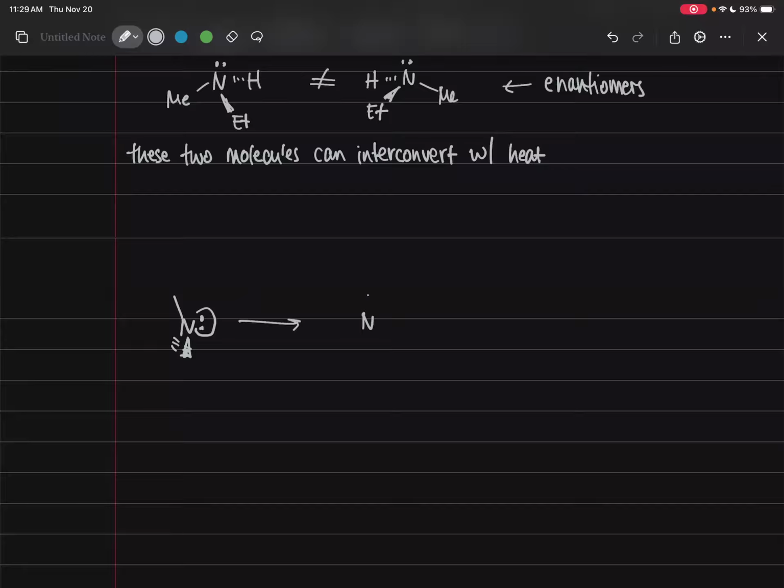We can go through a transition state that is more symmetrical, right? So there's a line of symmetry up and down. This is sp2 hybridized, whereas regular nitrogen with the lone pair in that orbital is sp3 hybridized.